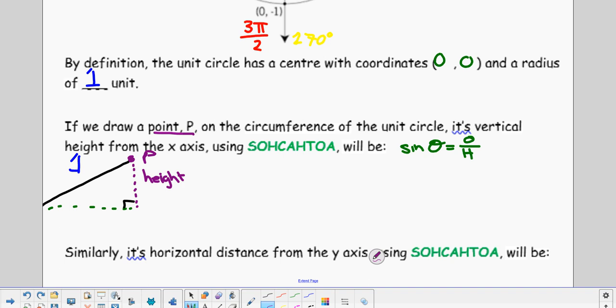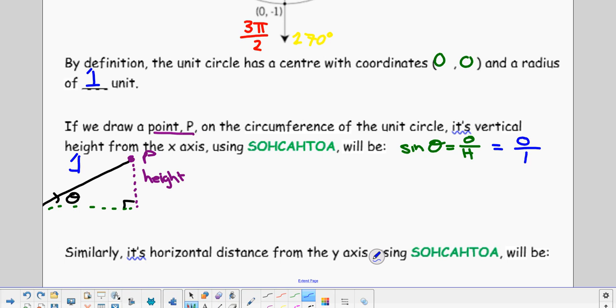Using SOHCAHTOA, the angle, by the way, is down here. So sine theta equals the opposite over the hypotenuse, which equals opposite over, what's the hypotenuse equal to? 1.